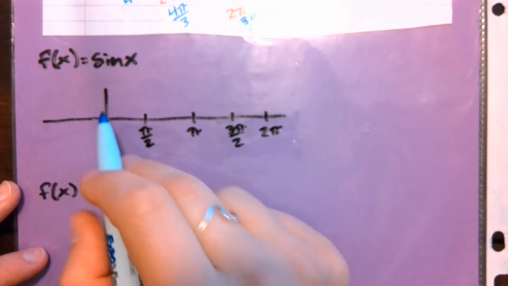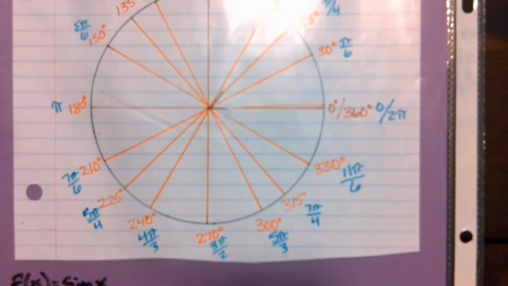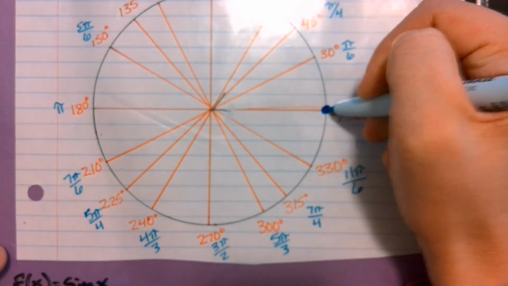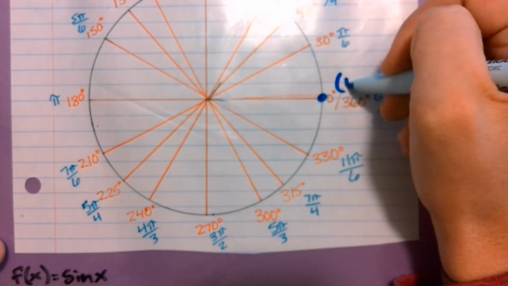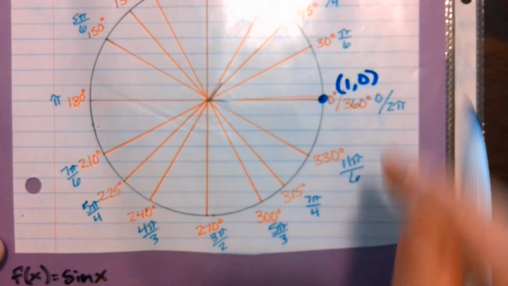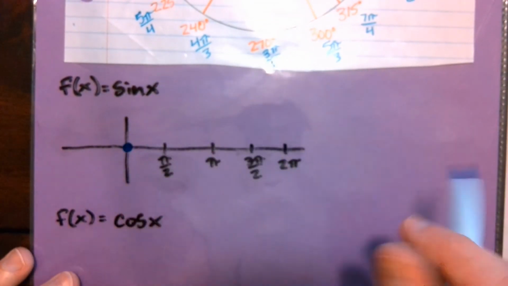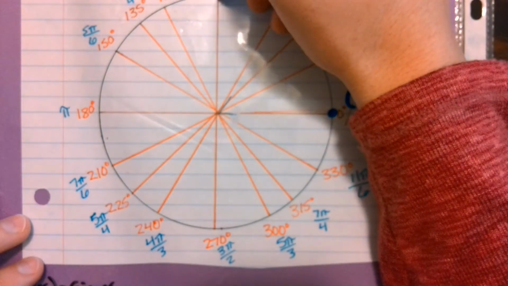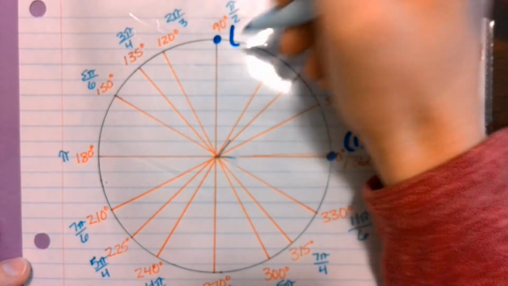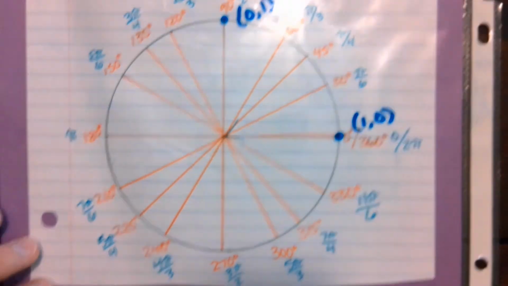But when we're plugging things in here, at 0, if we're finding sine of 0, remember on our unit circle that if we're at 0, we're at the point (1, 0), and that y value is the sine of that. So sine of 0 is 0. If we're looking at the sine of pi over 2, now we're up here. So we've got the point (0, 1). Again, our y value is sine, so now we've got a value at 1, so it's going to jump.